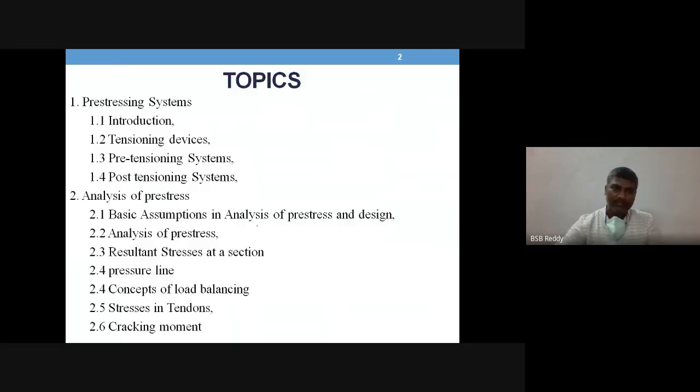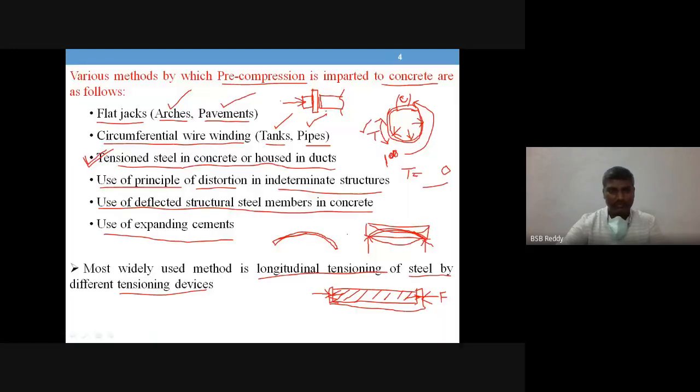To start with unit 2, pre-stressing systems, in the next session we'll talk about the pre-tensioning systems available. So today's session we will end with this. What have we talked about? Various methods by which pre-compression can be imparted to concrete.